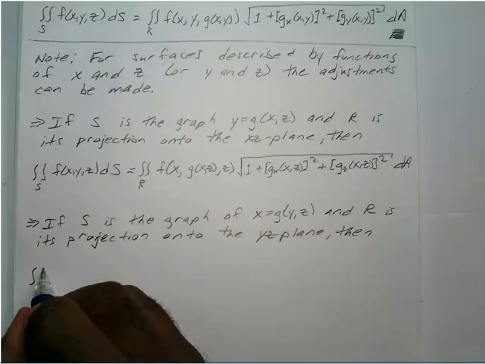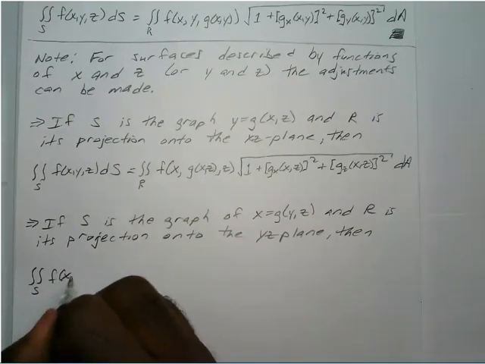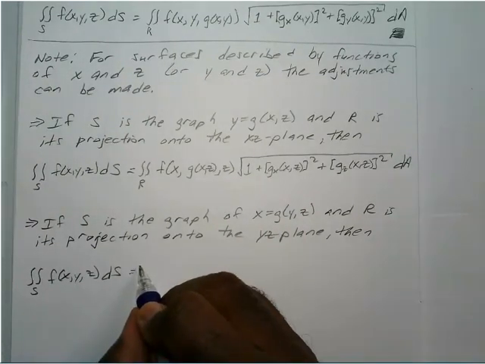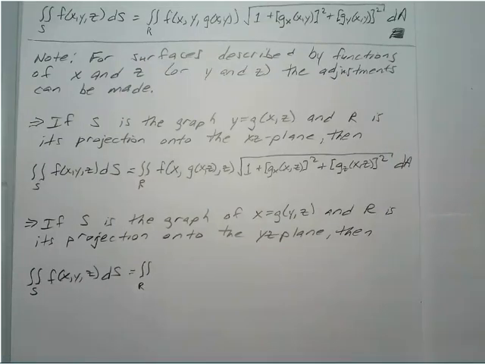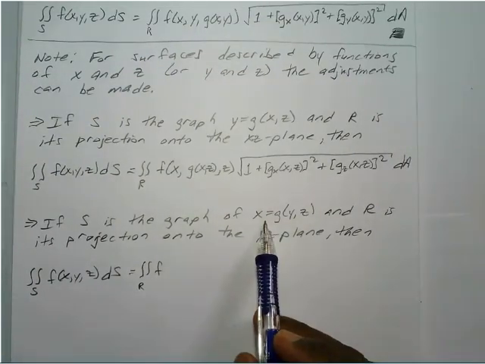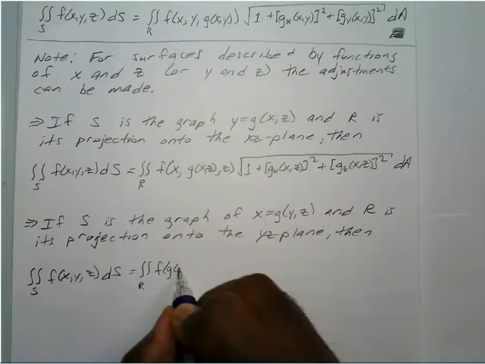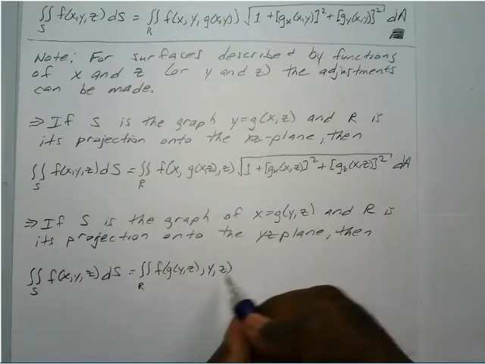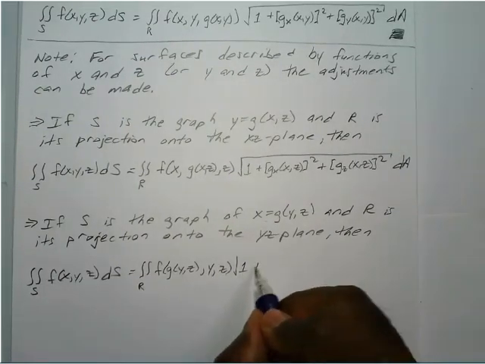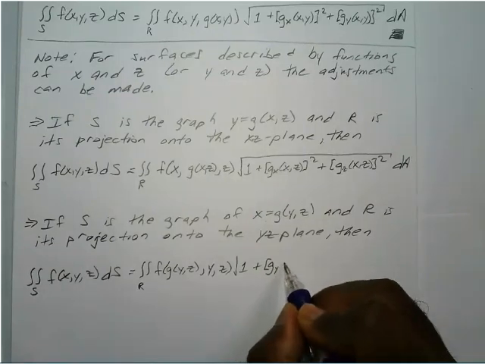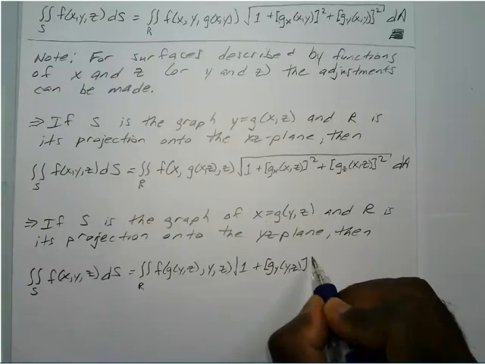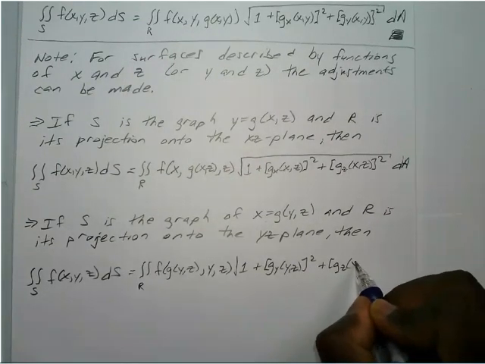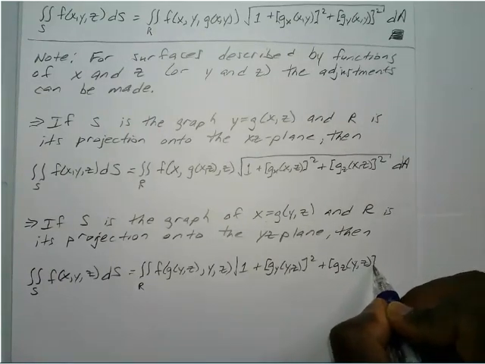Okay, so this time, your double integral of f of x, y, z with respect to the surface is equal to the double integral over the region of f of, and instead of x, it's going to be g of y, z, times the square root of 1 plus the partial with respect to y squared plus the partial with respect to z squared.